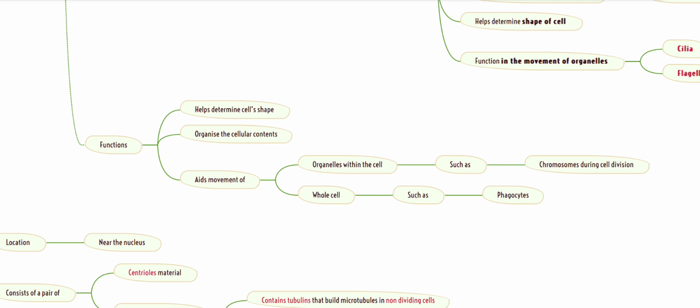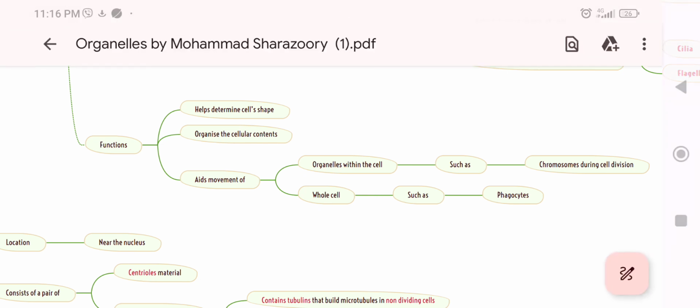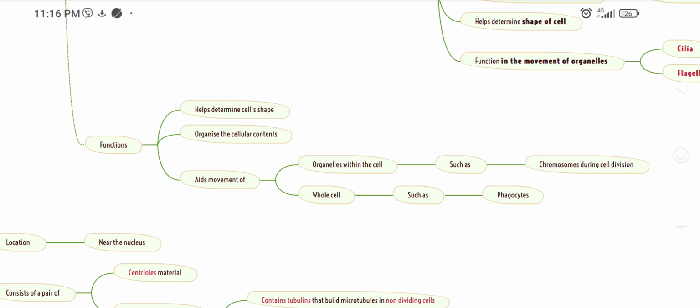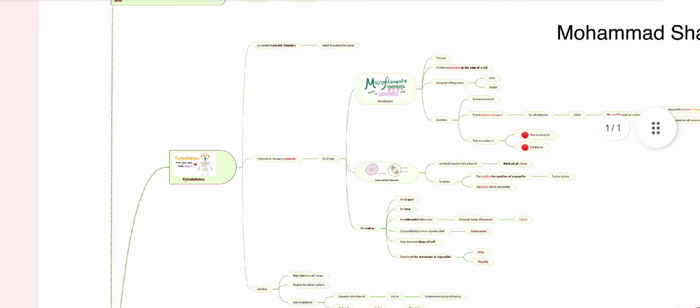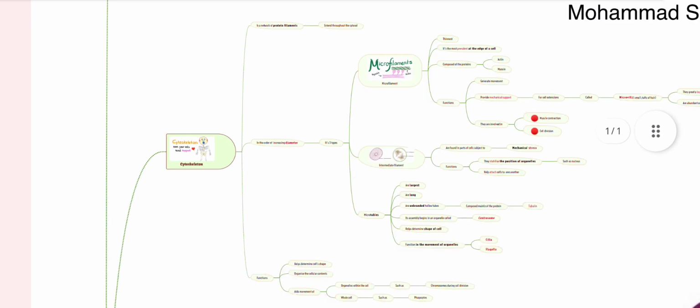By cilia, we can say for those components that are moving on the surface, and flagella for a whole cell, just like phagocytes.